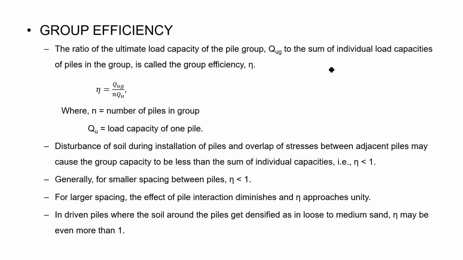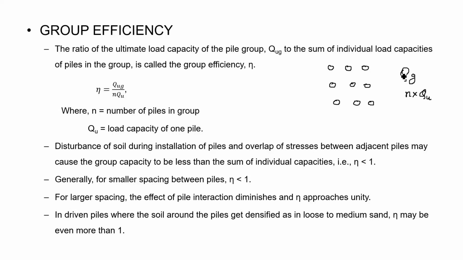Suppose we have a group of piles. Suppose this is a square group of piles, 3 into 3, that is 9 piles in a group arranged in a square pattern, and we need to compute the group capacity of the pile, that is Qg. We may find the group capacity by multiplying the number of piles by the pile capacity of an individual pile.